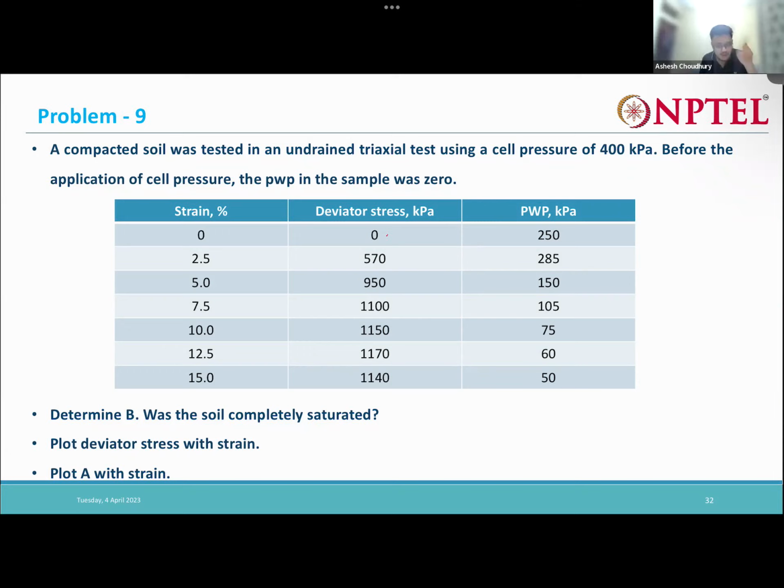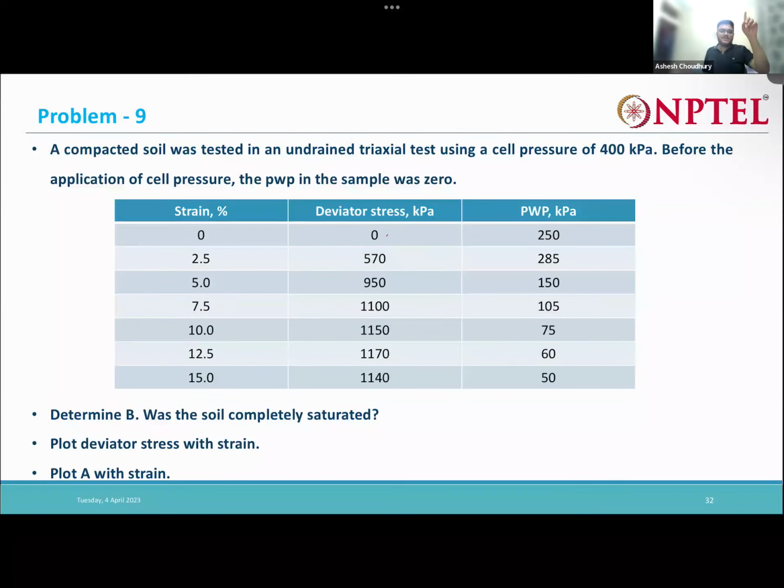So the first question is, was the soil completely saturated? Please look at the question properly.